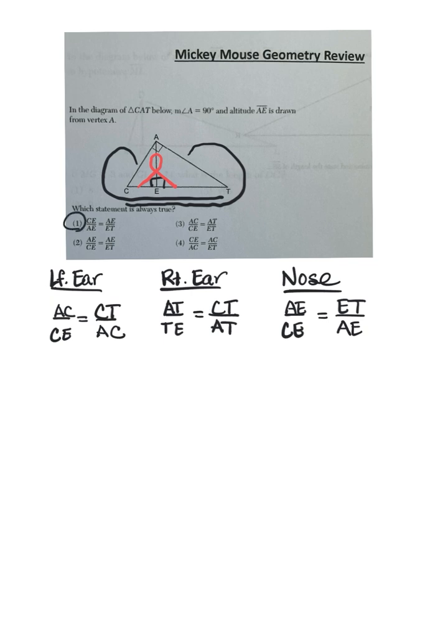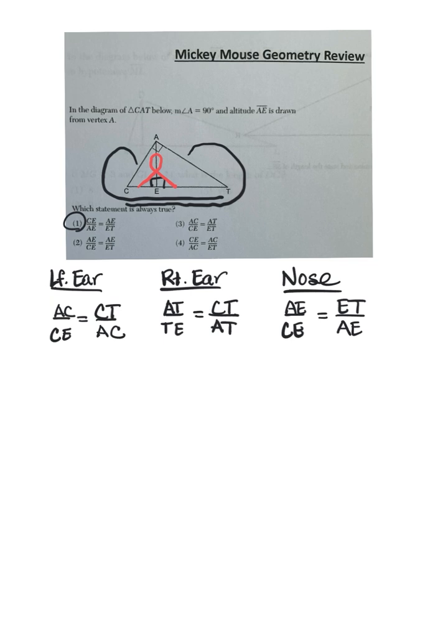I understand that I don't have these in the same order as this, but remember, we need to see AE diagonally across from each other, which we do right here. It doesn't matter if it's the other way. And then we need to see CE and ET diagonally across from each other, which we do right here. And that's the Mickey Mouse rule.